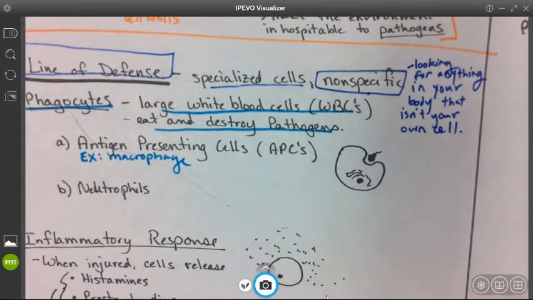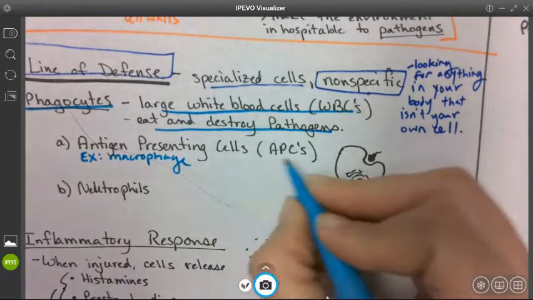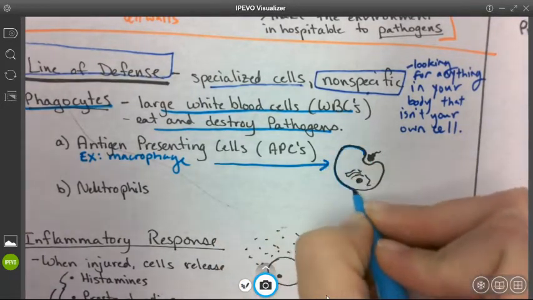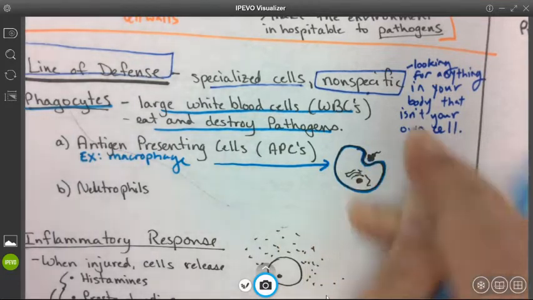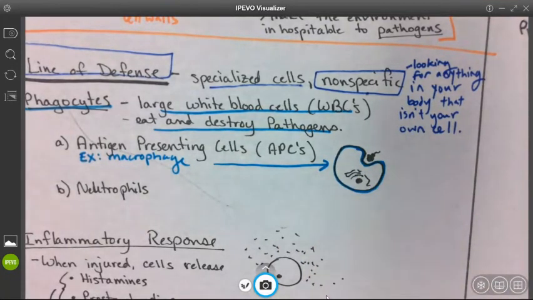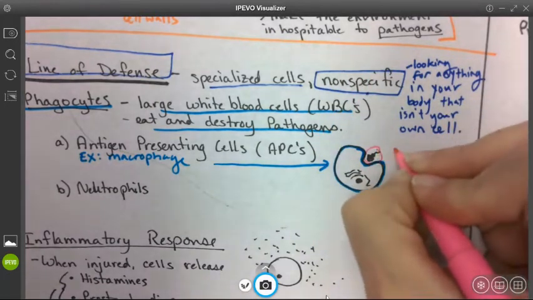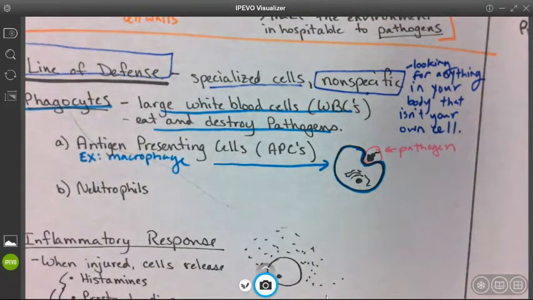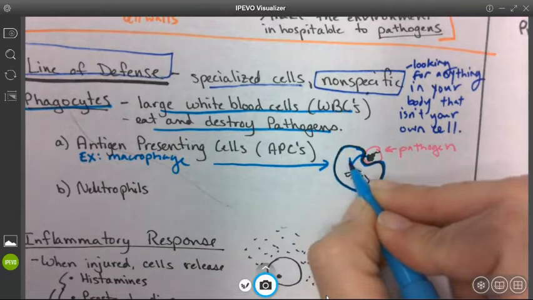So let's say this is a phagocyte right here, and this is an antigen-presenting cell or a macrophage. Here's the macrophage right here. And that macrophage has seen this pathogen. This antigen presenting cell is going to engulf this pathogen through endocytosis.